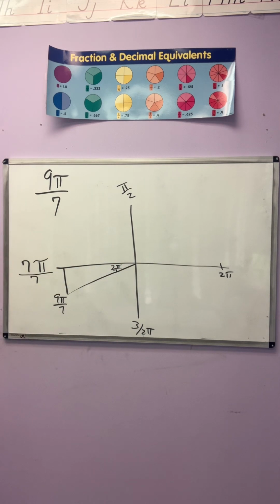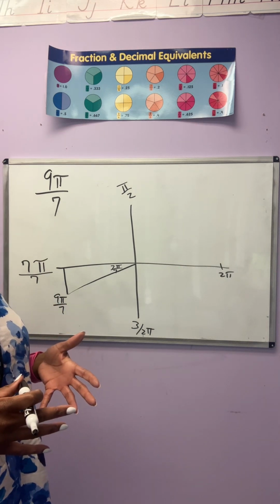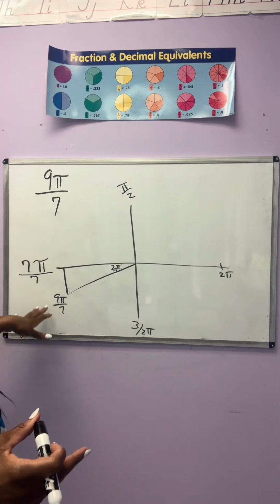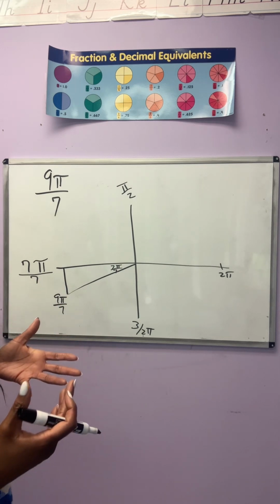That will tell us how large the distance is for that. It's not one of the common ones, so if you had something else to do with it, you might have to use some other trigonometric rule. But for now, if we just want to know how large this is, it's 2 pi over 7 large.